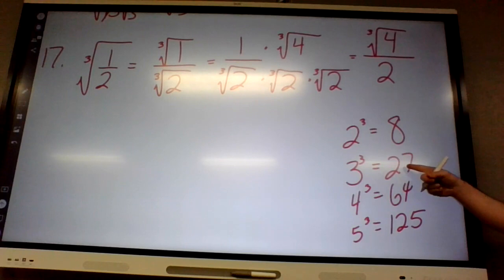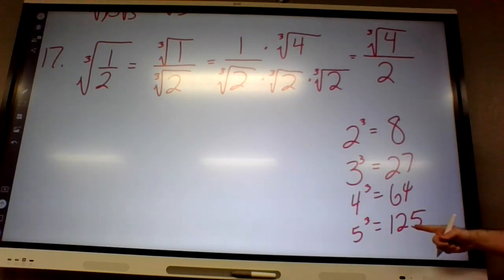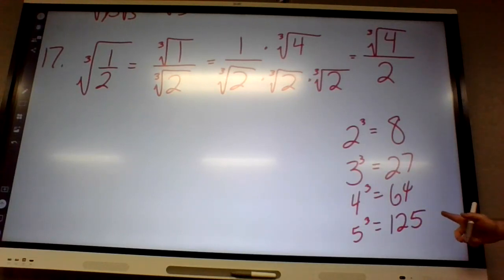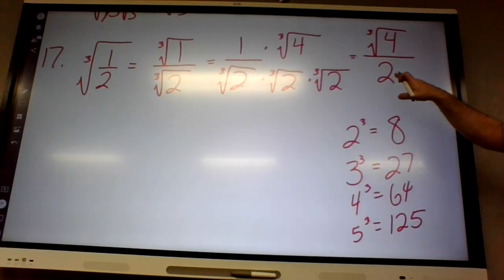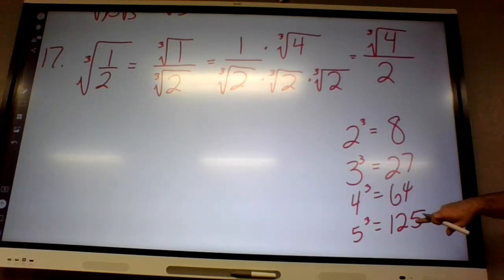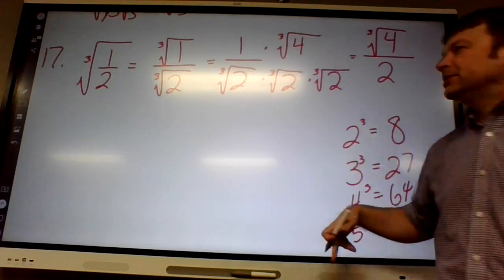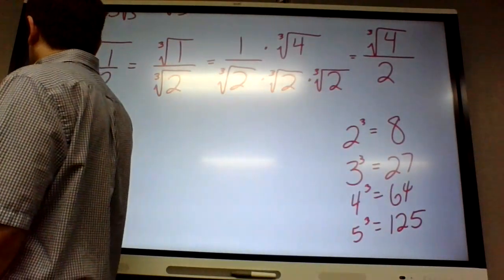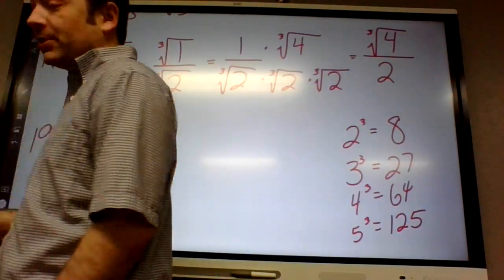But all these numbers actually have nice cube roots. There's not a lot of them. They're very specific. So if we want to get rid of a cube root, if we can turn it into one of these numbers, that would be good. Of course they can get bigger, but I don't think the book's going to do that to us.